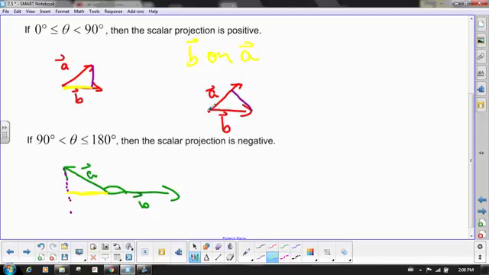The projection becomes this yellow section. You don't always have to have the vector being projected onto be flat. It just really depends on how you draw the diagram. Once again, this would be positive because it's along the direction of the vector. You'll notice I didn't put arrowheads on any of these yellow lines because scalar projection is a scalar quantity.